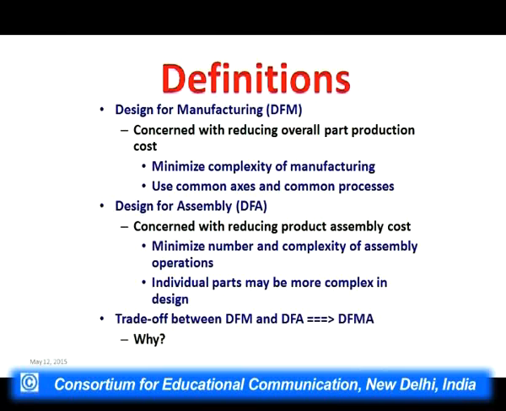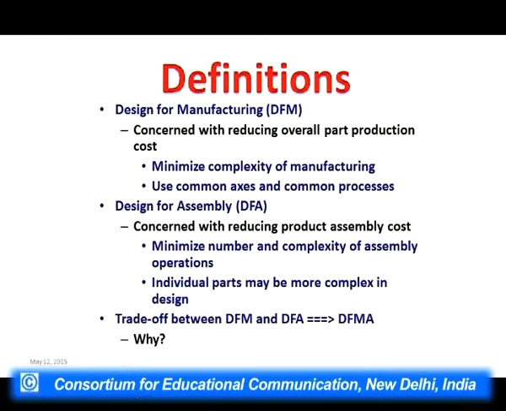Design for assembly, on the other hand, is DFA, concerned with reducing product assembly cost and making it easier to assemble the product. Minimize number and complexity of assembly operations. Individual parts may be more complex in design. Trade-off between DFM and DFA gives us DFMA, design for manufacturing and assembly.